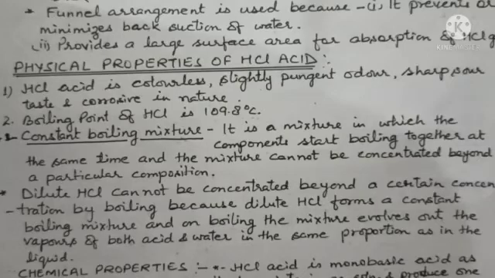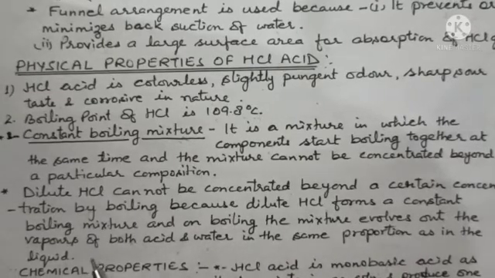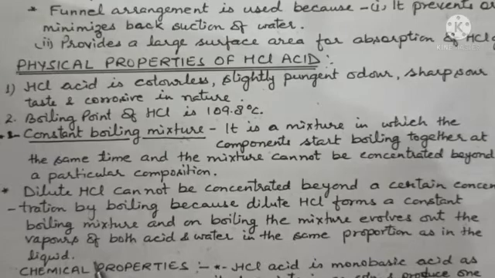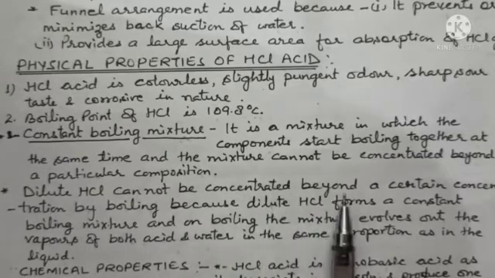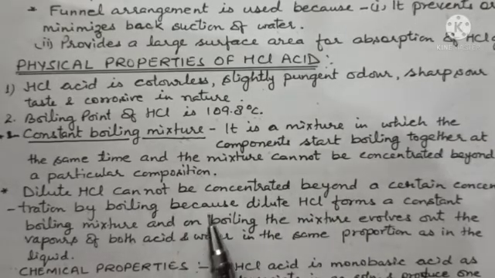Means when we boil the dilute acid, water vapors evolve as well as acid vapors, in the same proportion as in the liquid. That is why dilute hydrochloric acid cannot be concentrated beyond a certain concentration by boiling.